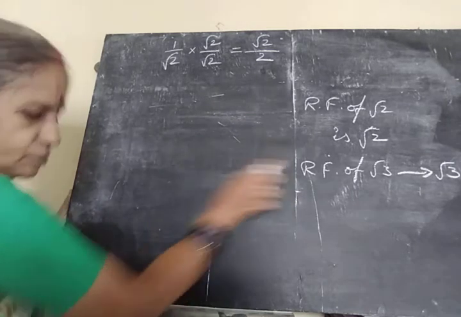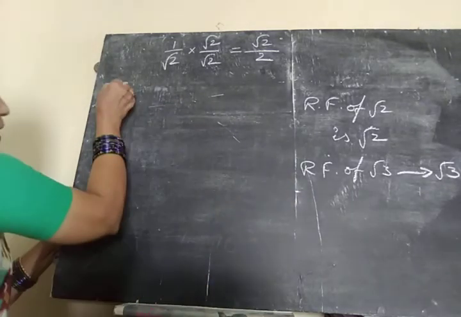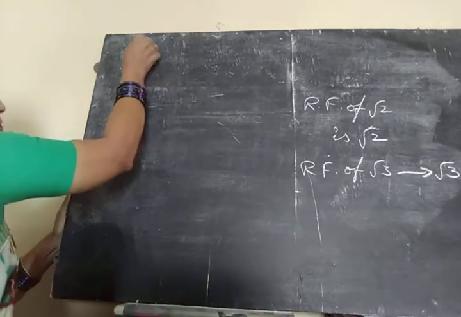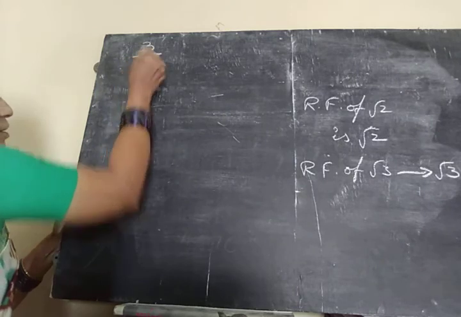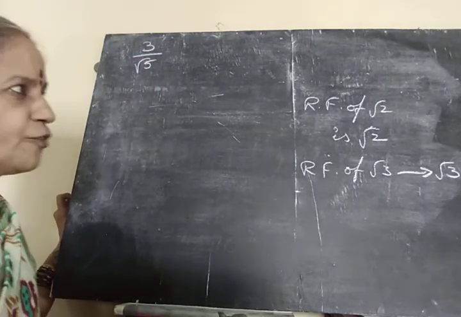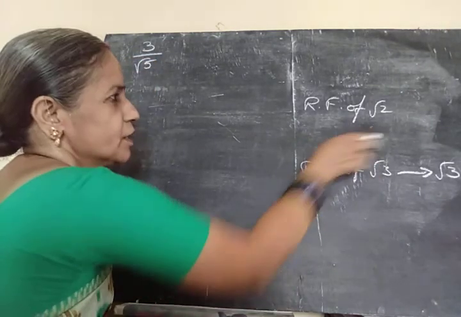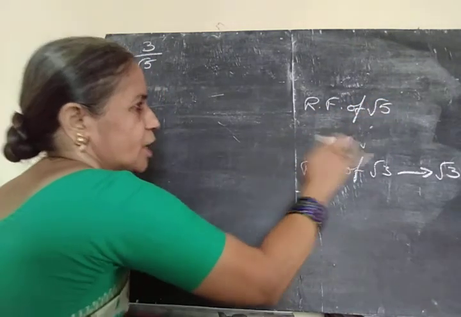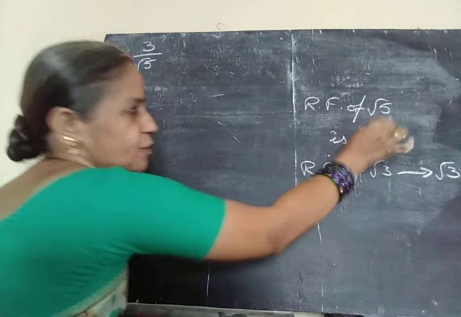Now, 3 by root 5. Rationalize. What is the RF of root 5? RF of root 5 is root 5 only.